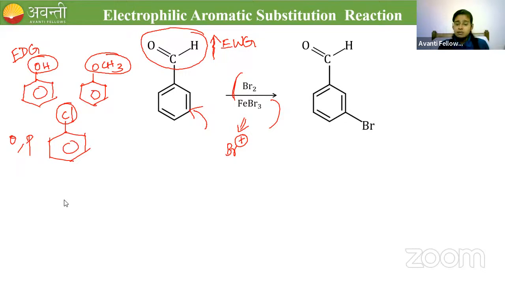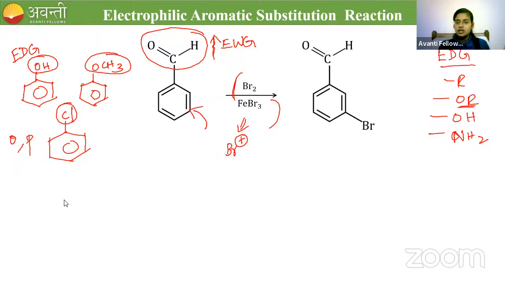You may ask me, ma'am, how do I know whether this group is electron donating or electron withdrawing? We already have studied the list of electron donating and electron withdrawing groups in class 11 as well as in class 12. Alkyl, alkoxy, alcohol, ether, and amine, NH2. All these groups are electron donating groups.